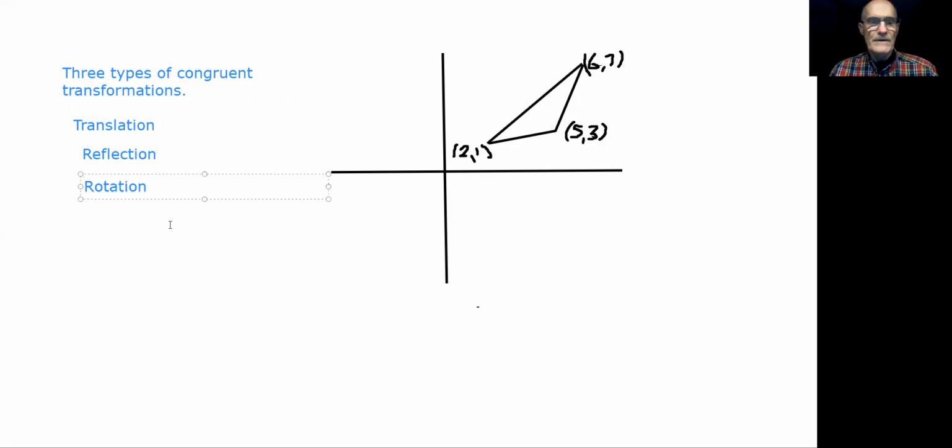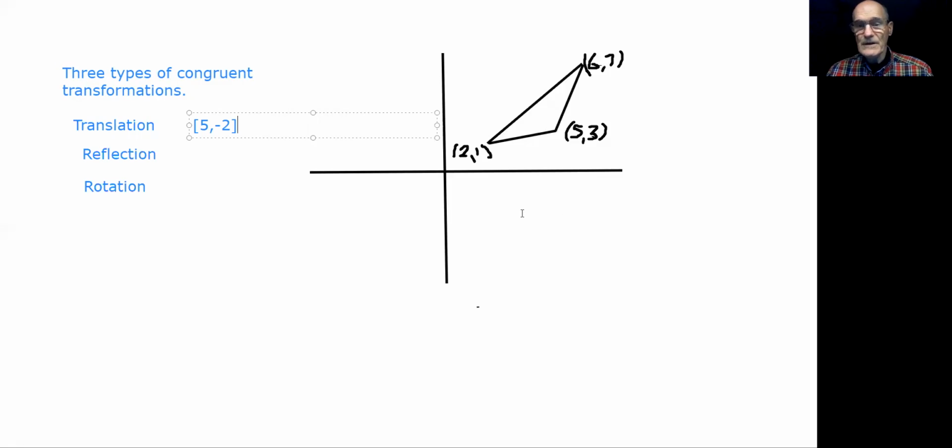Now, if I want to do a translation with, let's say, 5 comma minus 2. Notice this kind of looks like a set of coordinates, but it's got brackets in it. So what that means is I'm going to take my picture and move it 5 units to the right and 2 units down.